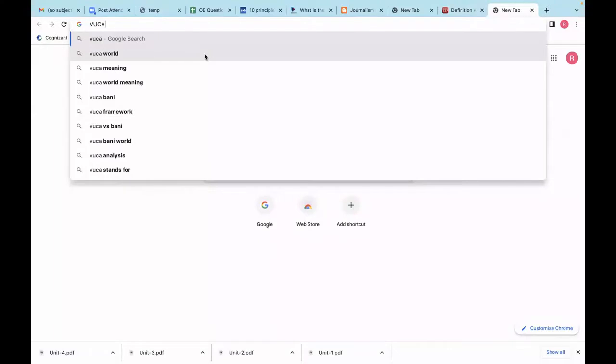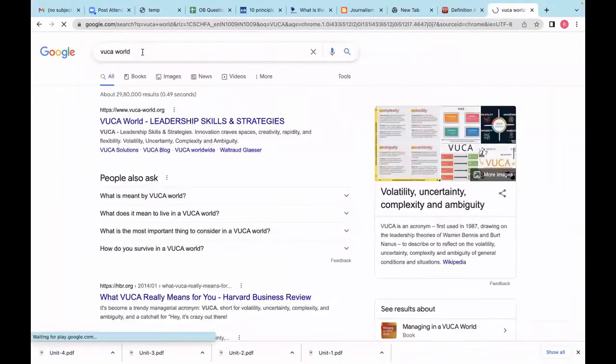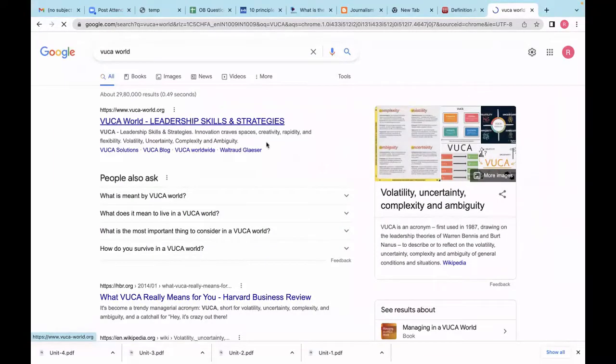It is talking about a world which requires creativity, which requires agility. C is creativity, A is for agility. Similarly, B and U have something. Basically, we are talking about a world which is very complex, agile, ever changing. So that is the VUCA world.